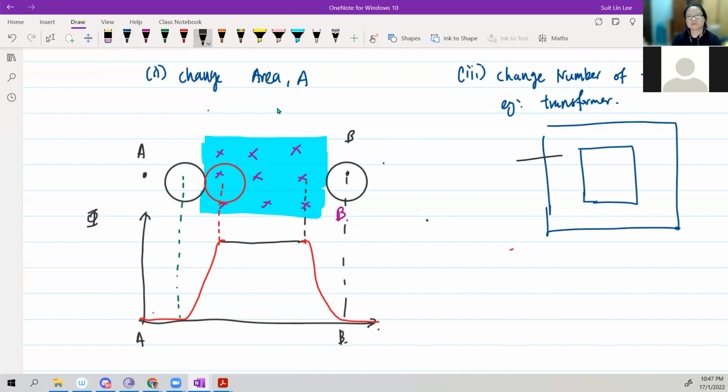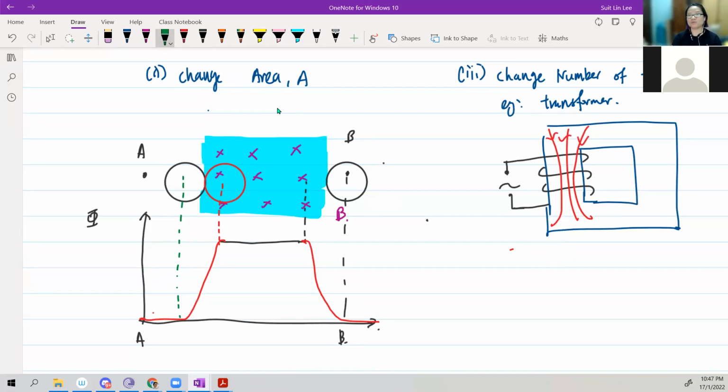Before, during SPM, you put the alternating current here. So what is going on is this flux keeps changing direction. Maybe first it will be in this direction, and then in the next moment in time, it will change to this direction, and then in the next moment, to this direction. So the flux keeps changing direction.